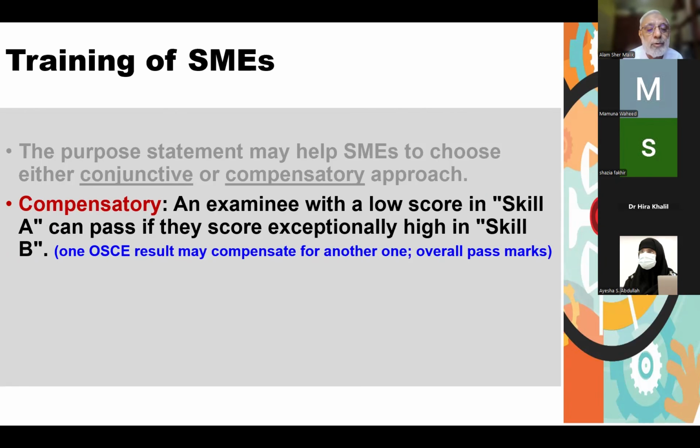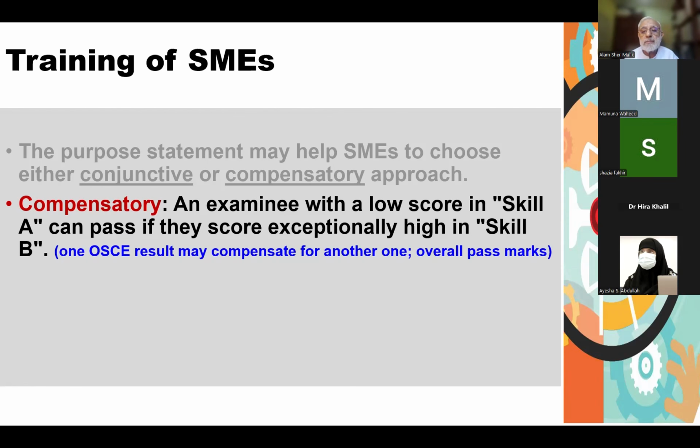In the compensatory approach, for example, an examinee with a low score in skill A can pass if they score exceptionally high in skill B. It means that one OSCE result can compensate for another OSCE. This is the compensatory approach.